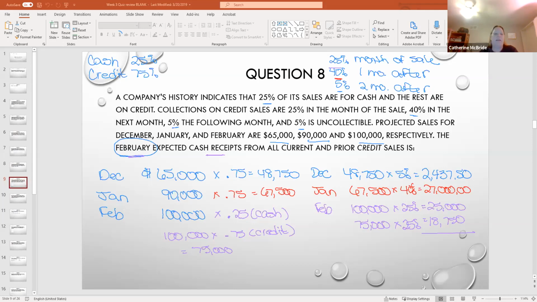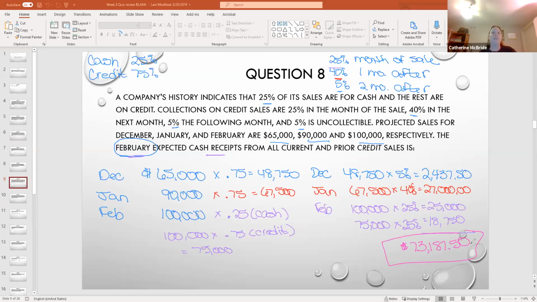And we collected $18,750 of what we sold on credit during that month. So our total is $73,187.50 for February.